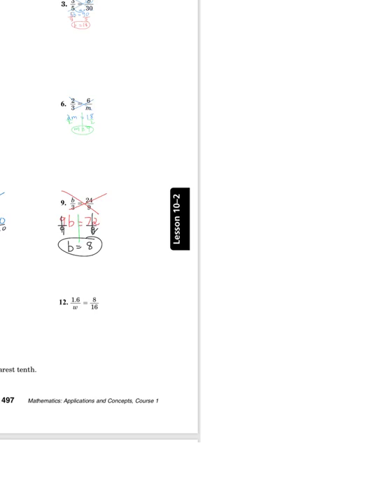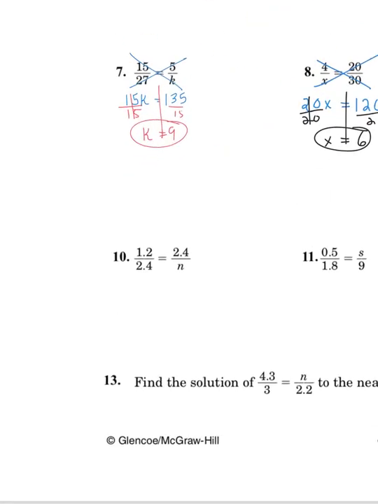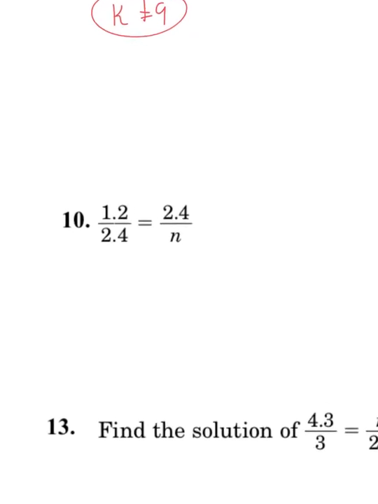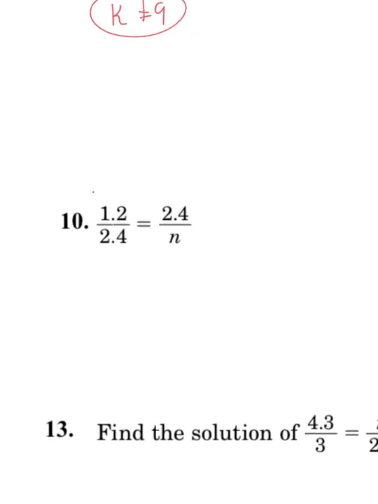We're moving quickly through this page. Oh, we got some decimals here. All right, no problem. Same thing. 1.2 times n is 1.2n. 2.4 times 2.4. You know what? I think I remember something that Ms. Strobel did when we made the decimals easier to work with.